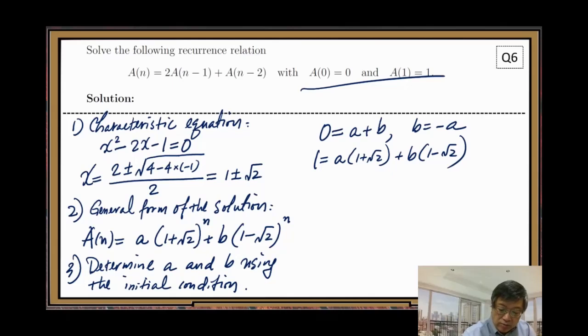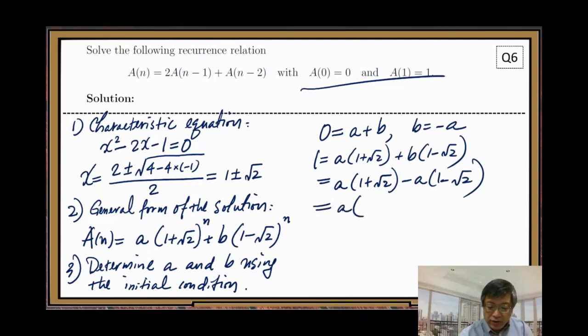Replace b by negative a, take a out, and inside the parentheses simplify: the 1s cancel and you get 2 root 2. So a equals 1 over 2 root 2, and b, negative a, equals negative 1 over 2 root 2.